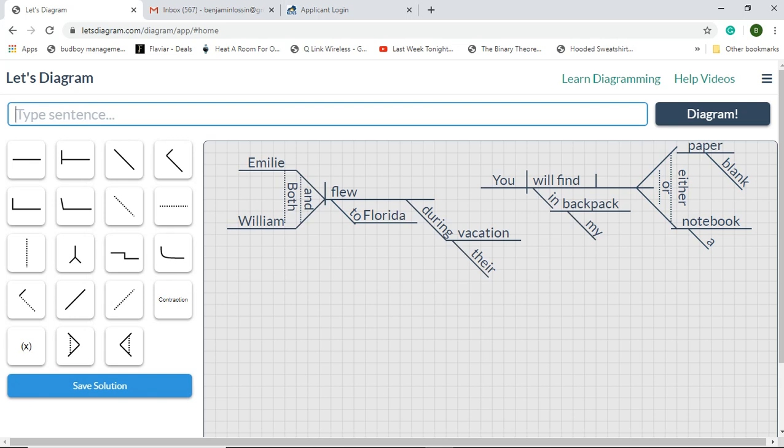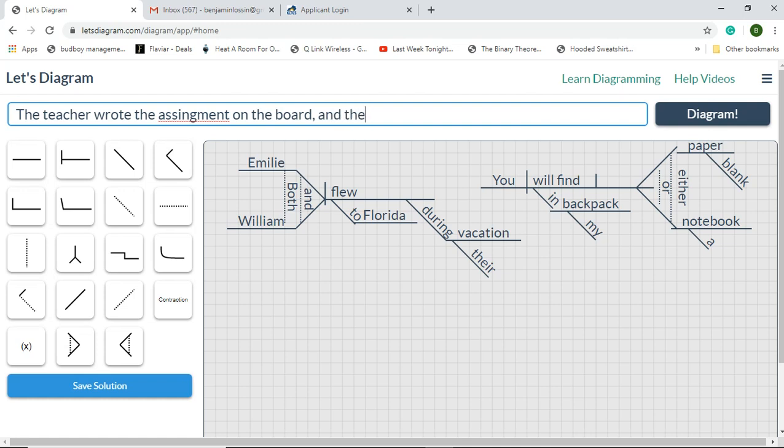This one is a huge one. Okay, it's a compound sentence. So let's take a look at the compound sentence. The teacher wrote the assignment on the board.